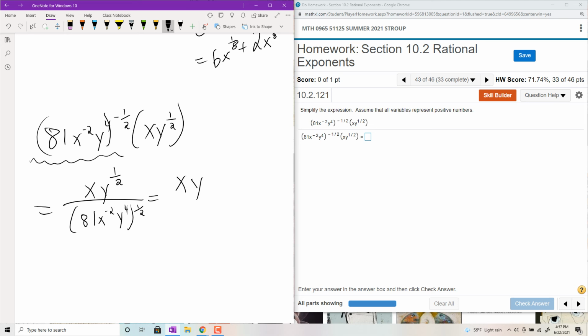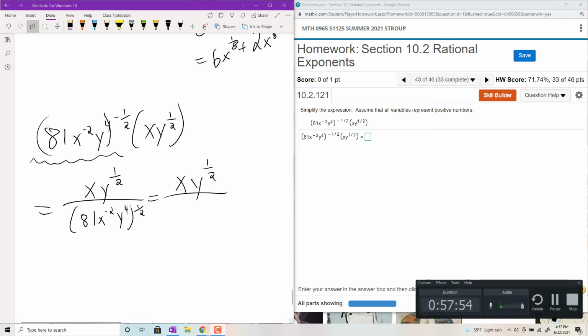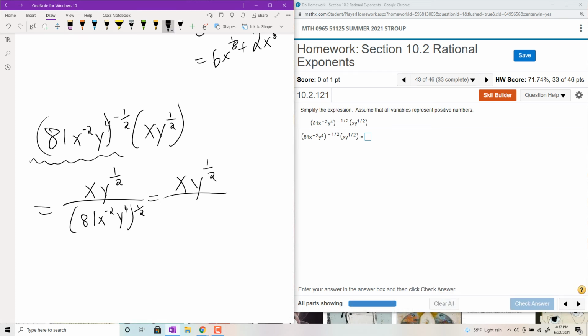So it'll be x y to the 1/2 all over, and then kind of distribute the 1/2s to the expression. So you would get 81 to the 1/2, which is the square root of 81, which is 9. And then x to the negative 2 times 1/2 is negative 1. y to the 4 times 1/2 is 2.